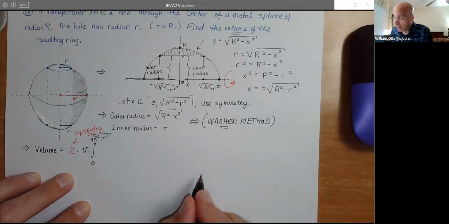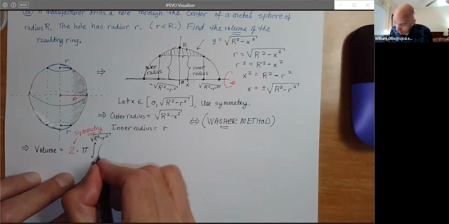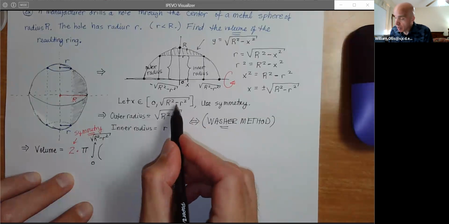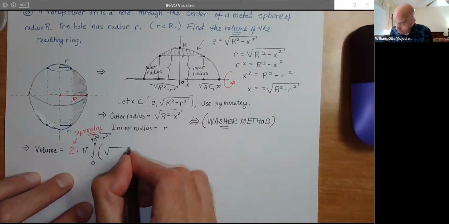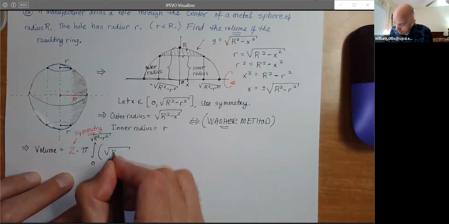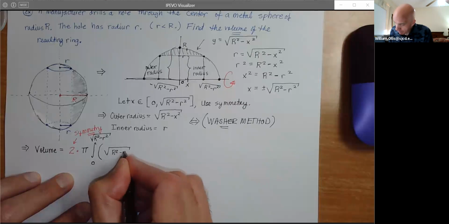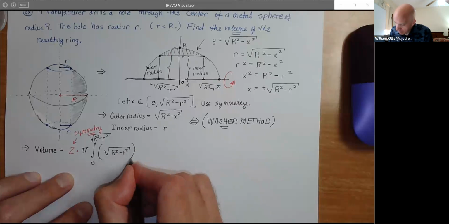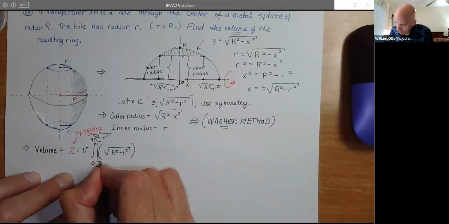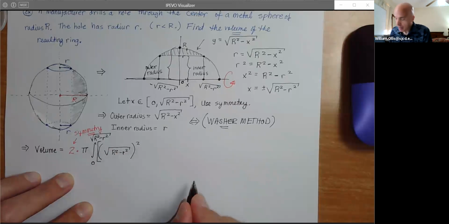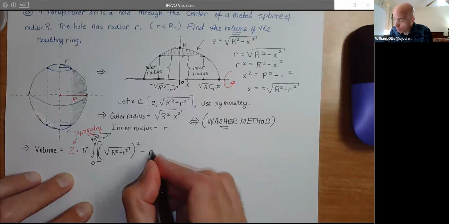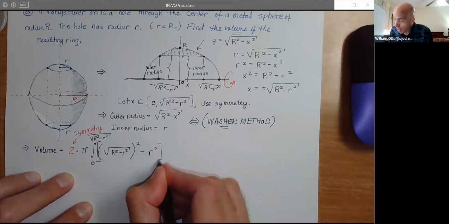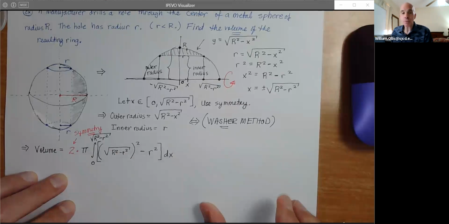And then we have our outer radius squared. I'll use a bracket here. Square that, minus the inner radius squared. Remember, the washer method is just 2 applications of the disk method.